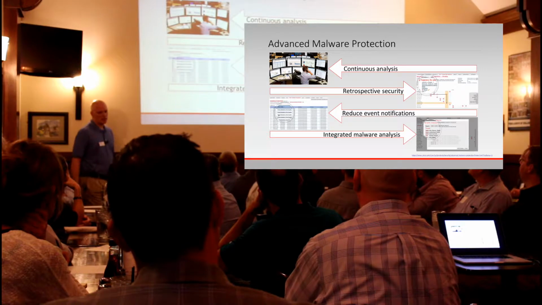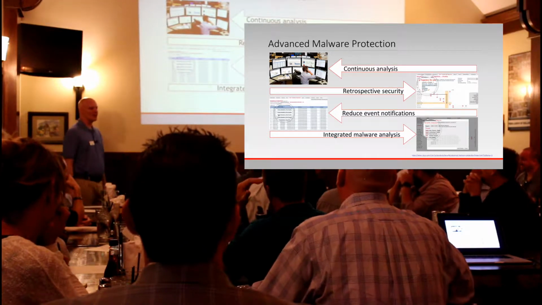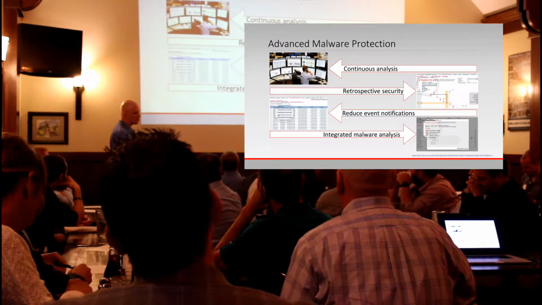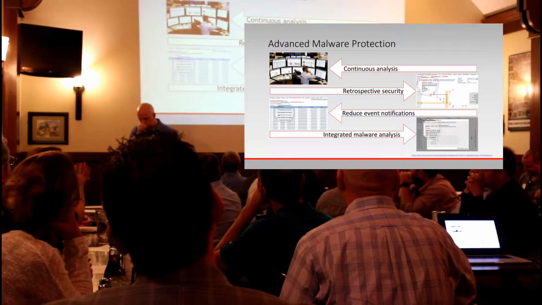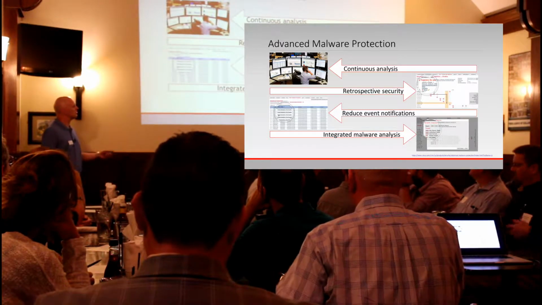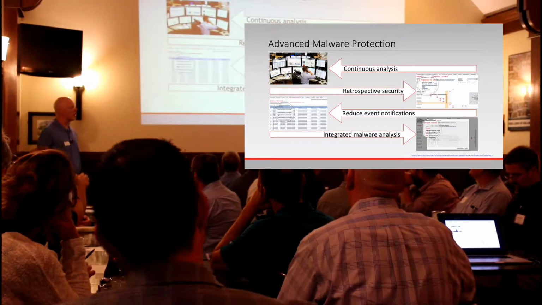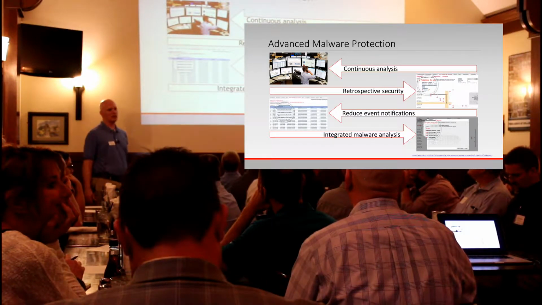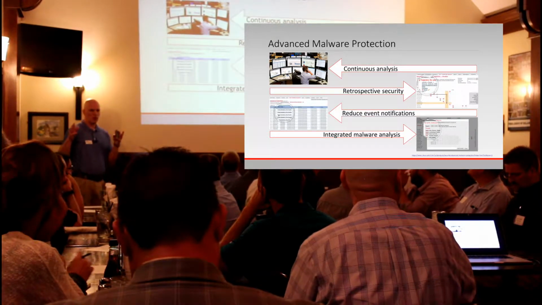Advanced malware protection. We'll talk about that a little bit coming up, but your traditional antivirus works on point in time. These future slides will talk about this a bit more, and we'll talk about the difference between the two. So continuous analysis means it doesn't look at what's just going on right now.